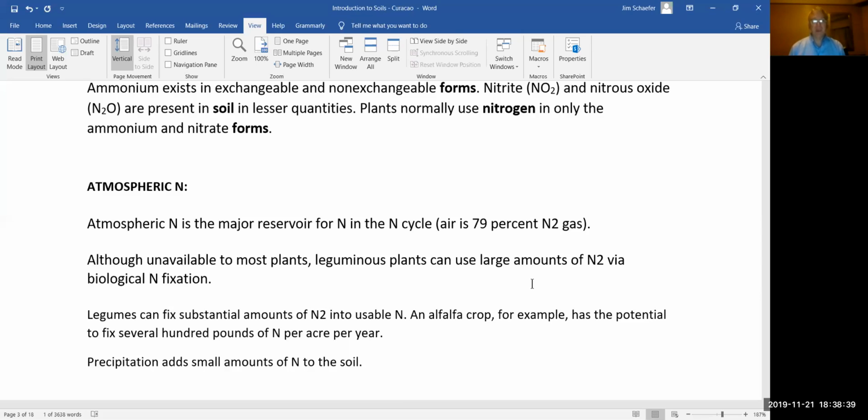Okay. Legumes fix substantial amounts of nitrogen. An alfalfa crop, for example, has the potential to fix several hundred pounds of nitrogen per acre per year.